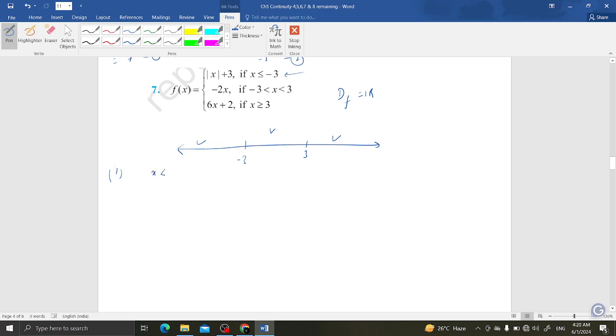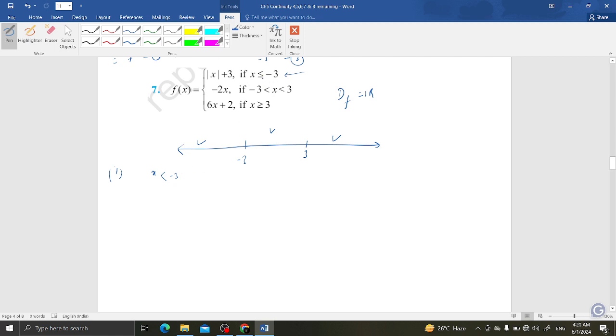So now what I will do here, the first part, I am doing that x is less than or equal to minus 3. I'll choose x less than minus 3, because at minus 3 there is a break.